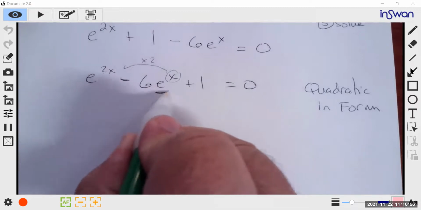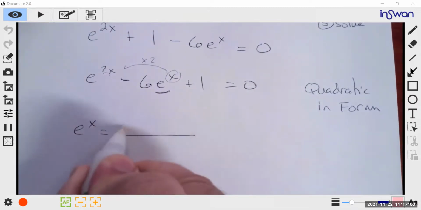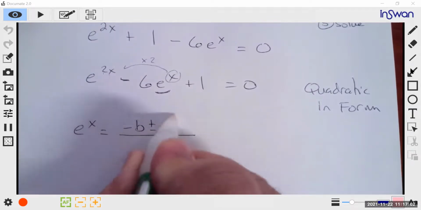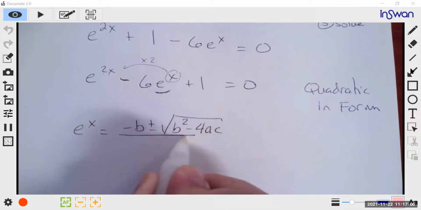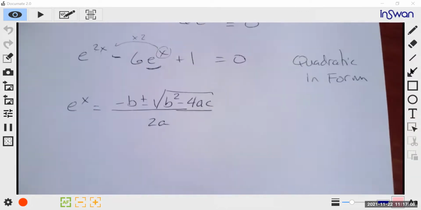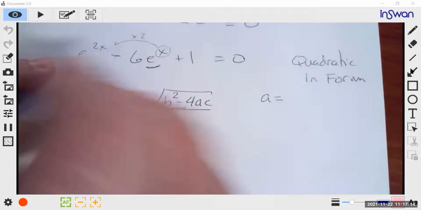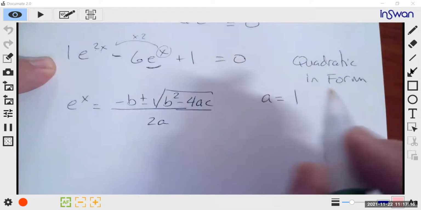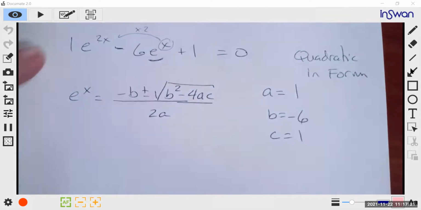So we solve for the middle term. A is 1, B is -6, C is 1.